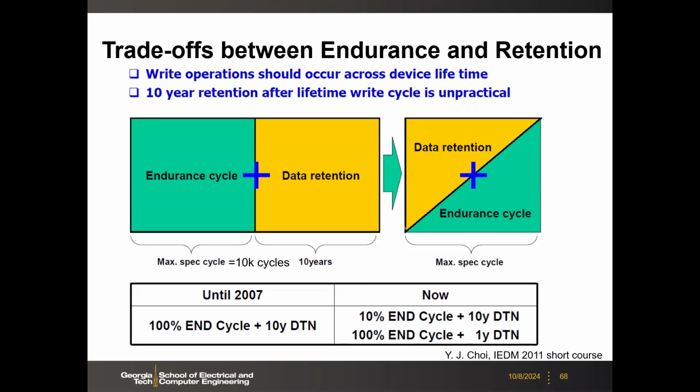For example, for the fresh device, if you only cycle it for 10% of the lifetime, then you wish the device could store the data for 10 years. But if the device is used many, many times towards the end of the cycling lifetime, the data retention may drop to 1 year.